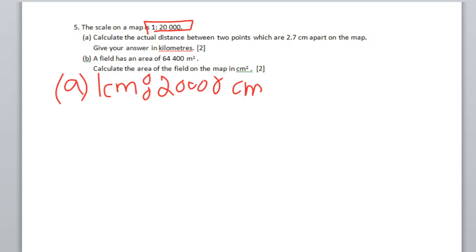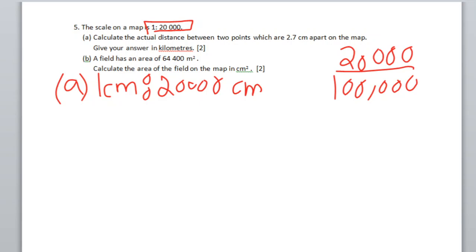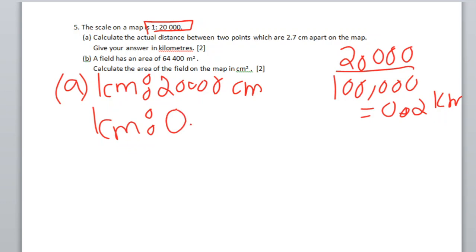So to change 20,000 centimeters into kilometers, it is divided by 100,000. So we get 0.2 kilometers. So the scale becomes 1 centimeter ratio 0.2 kilometers.